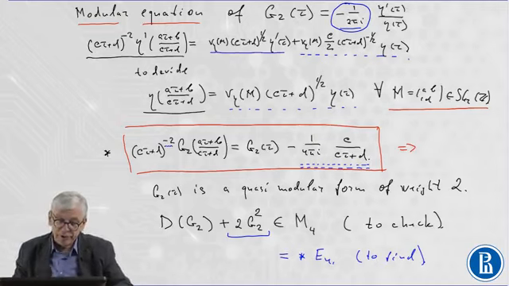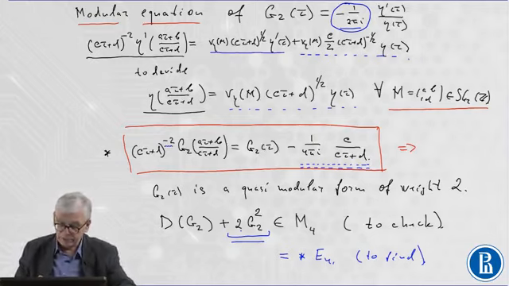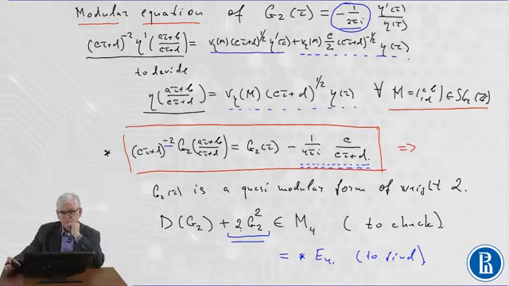Certainly the coefficient here is 2 times 1 over 24 squared, so we have something like 1 over 2 times 12 squared. Please find this constant.